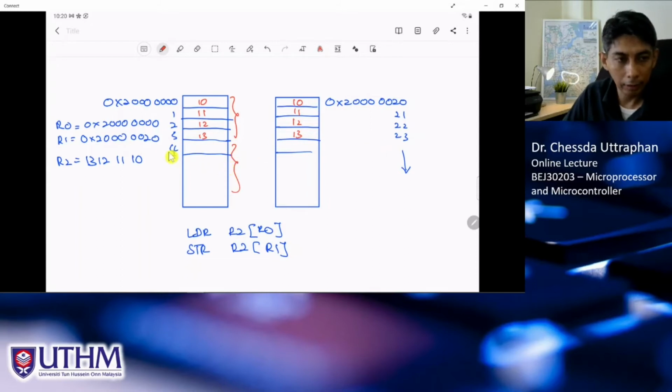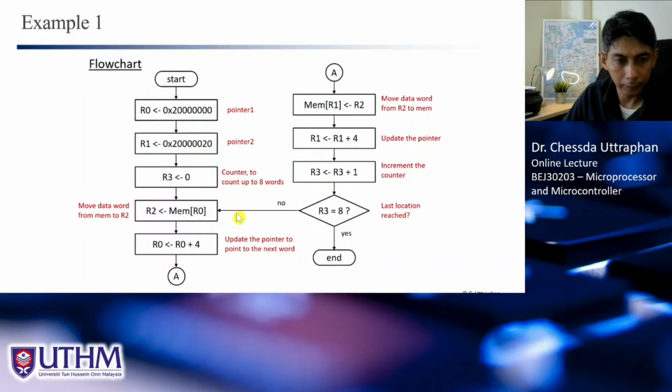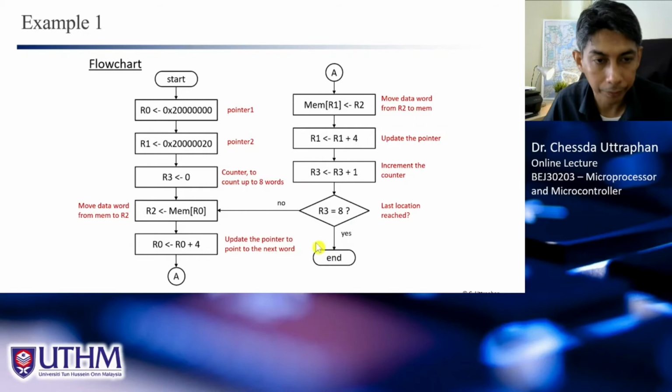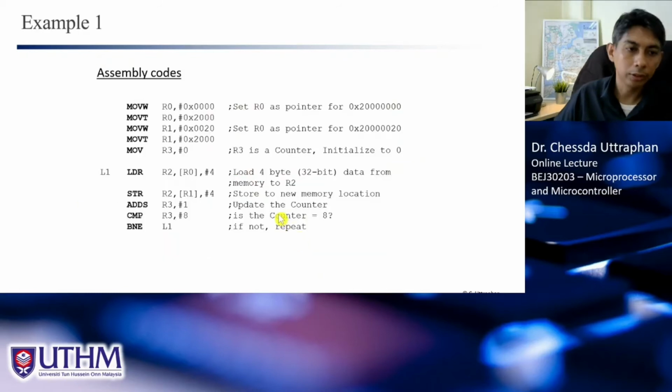And again, put in R2 and send to the new location here, and update the counter until the counter equals 8, meaning that it is the last location already. If 8 already, then we end the process and we can get the value, right?